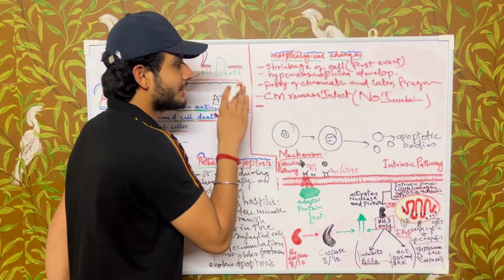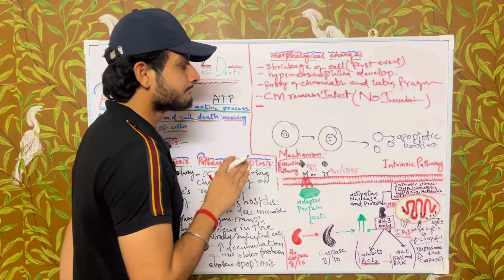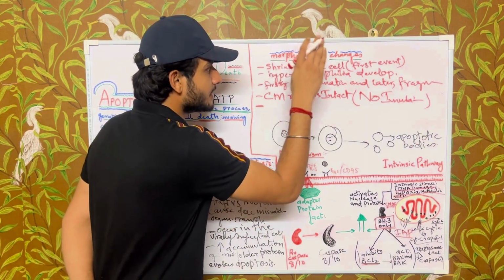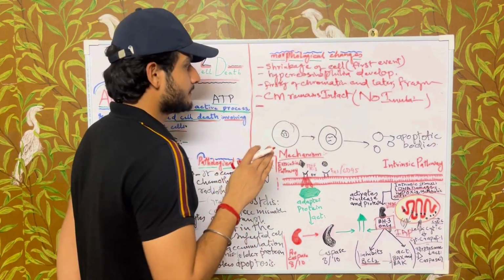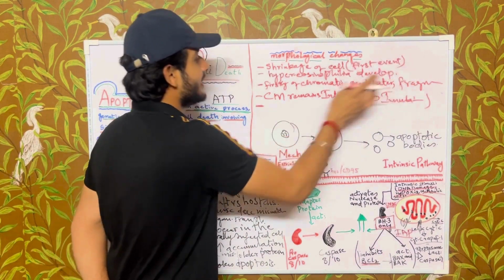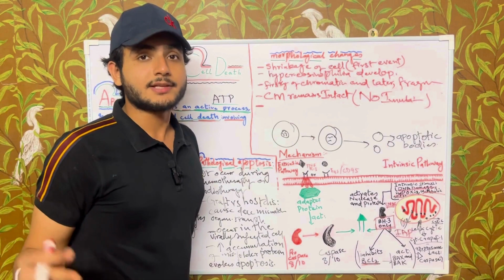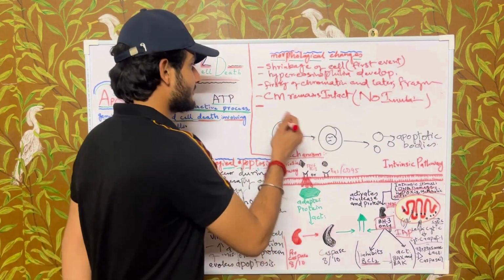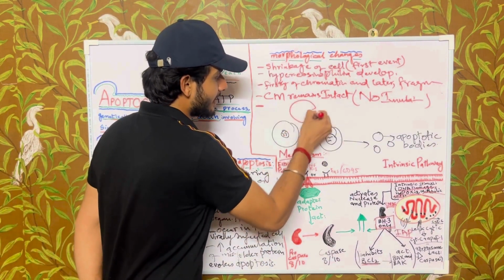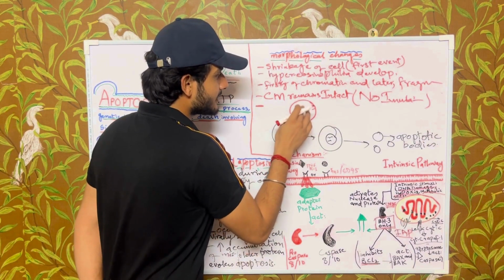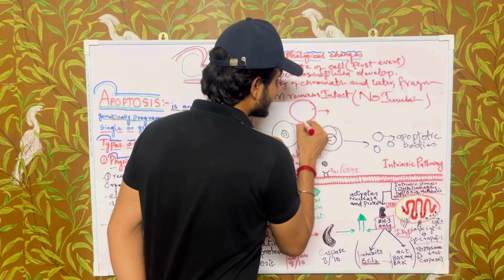Now let's talk about the last morphological change. Due to the fragmentation of chromatin, the cell divides into certain bodies known as apoptotic bodies. Consider this is a cell. Firstly this is the normal cell.